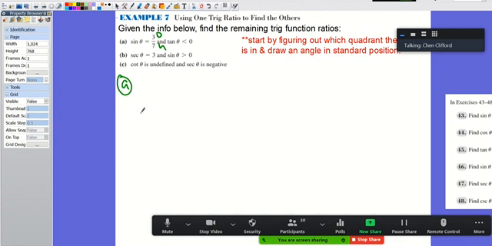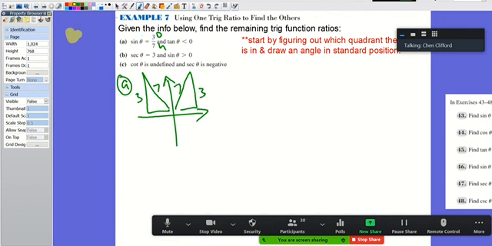So in this case, we can have two scenarios. We can have 3 and 7, 3 and 7, based on this right here. Now, which one is it going to be? That's where this comes into play.